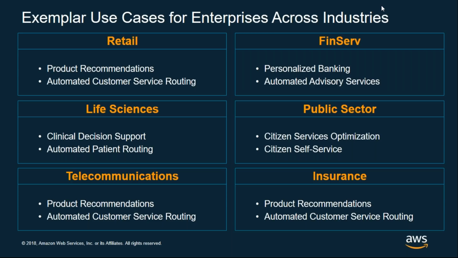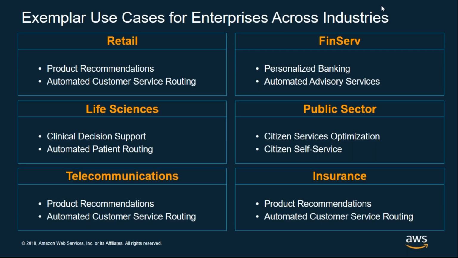If you look at life sciences, many of these customers in that domain are trying to do things such as clinical decision support and then automated patient routing. So again, improving efficiency of internal processes. In telecommunications, again, product recommendations and automated customer service routing are quite common, as they are in industries such as insurance.